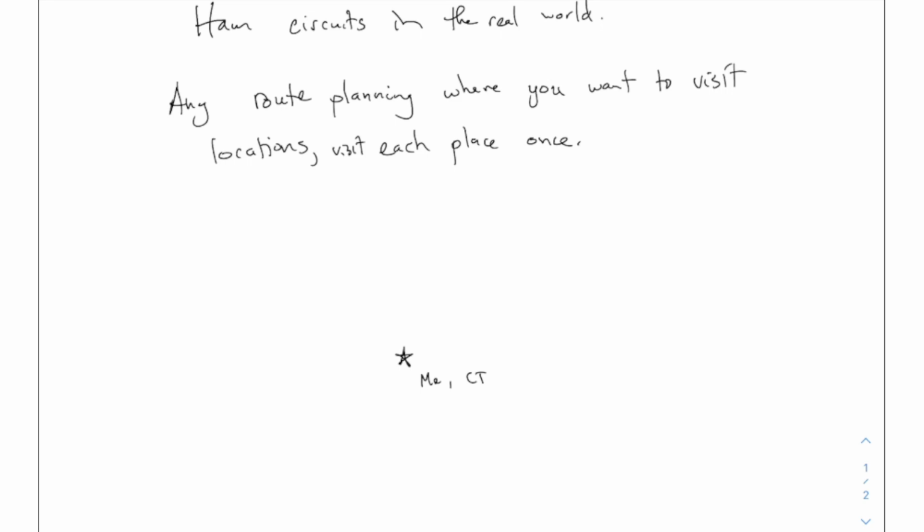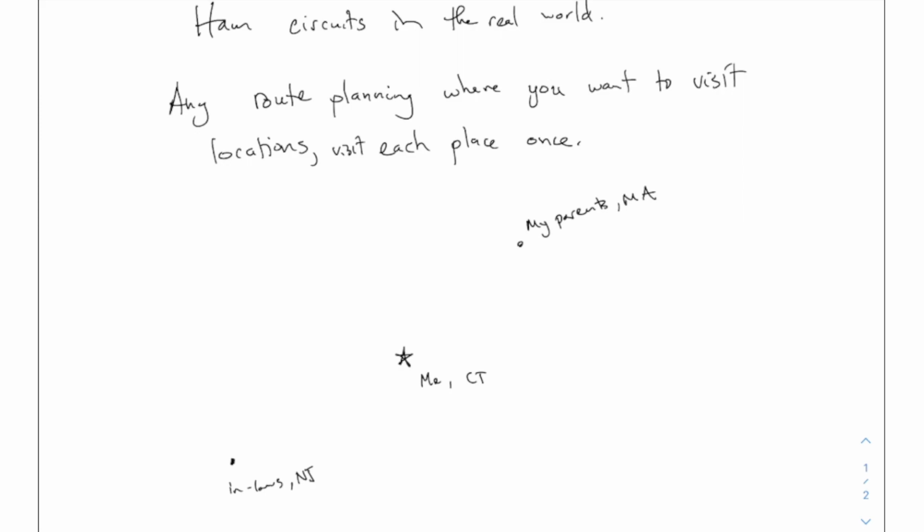And let's say I want to visit all the people in my family. So I've got my parents who live near Boston. That's where I grew up. My parents are in Massachusetts. We also have my wife's parents, the in-laws, down here in New Jersey.